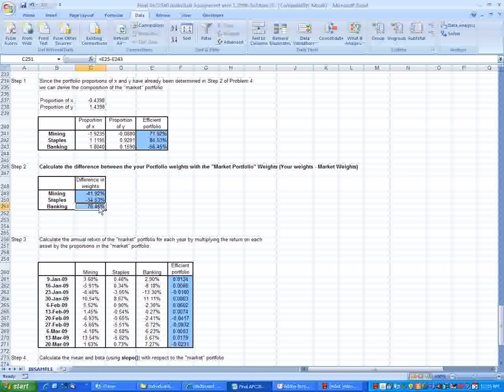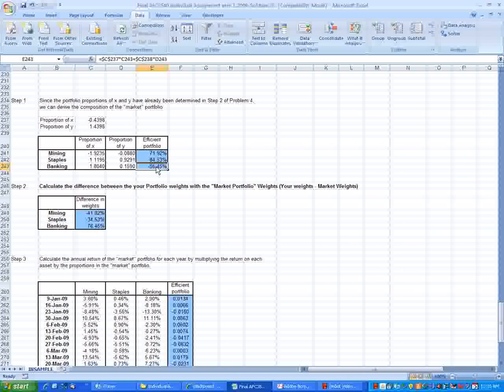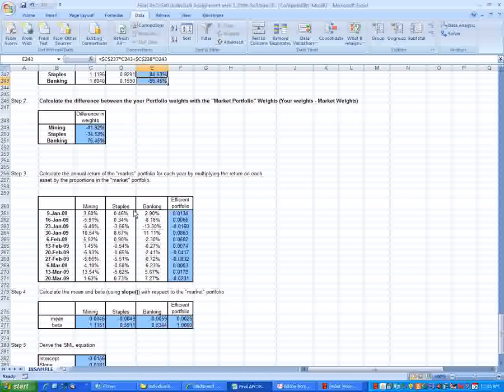I was under-invested in banking, and over-invested in the others, and that should have been rectified. Not surprisingly, given negative 56%.